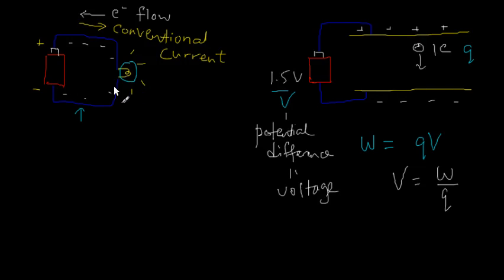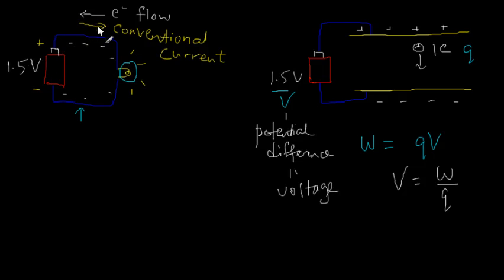So this is actually more common. Now let me think about this circuit. In this circuit, the battery would push a current through the light bulb, and the light bulb will light up. Now what I like to do is to think about the relation between this circuit and these parallel plates. See, the battery would also be 1.5 volts.